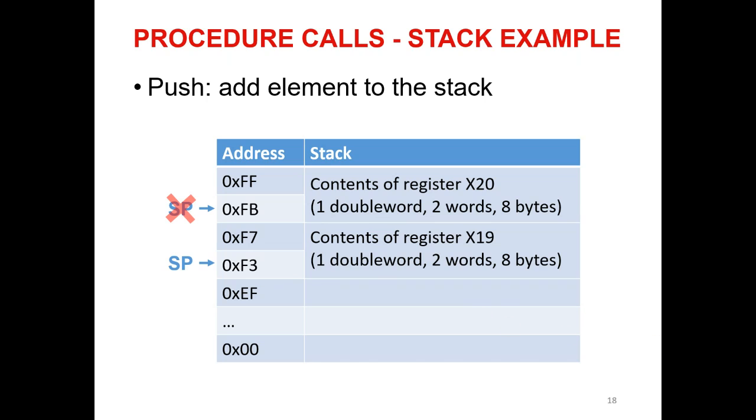Okay, so now imagine that we want to remove elements because we are going to finish the procedure and we want to remove the elements we have introduced in the stack because we don't need them anymore. So we remove this pointer and we remove register 19, which is the one I introduced in my procedure and the one I don't plan to use anymore.